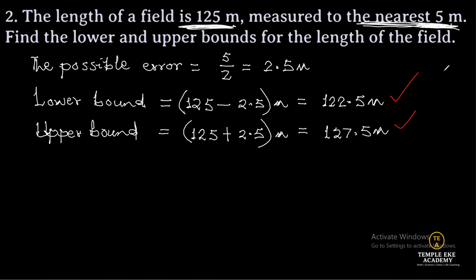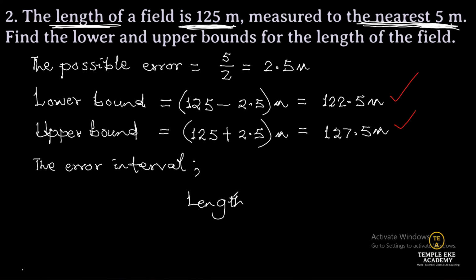Let's take the error interval. We can write the error interval this time around. We're talking about the length of a field, so I will simply write length of the field.